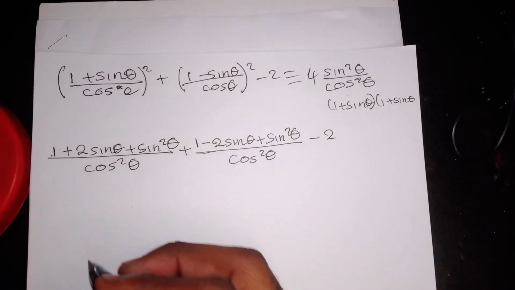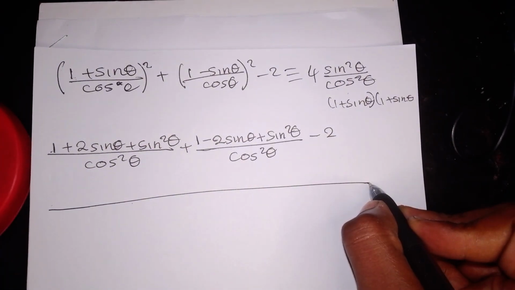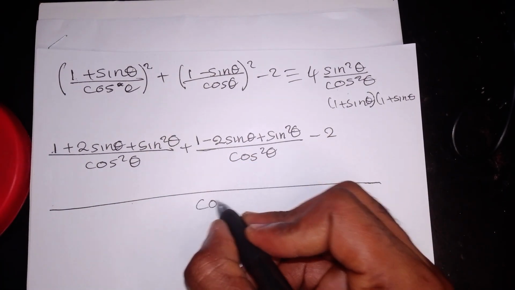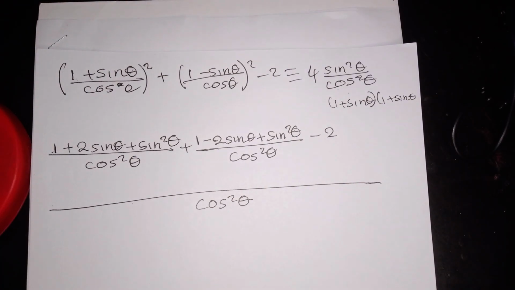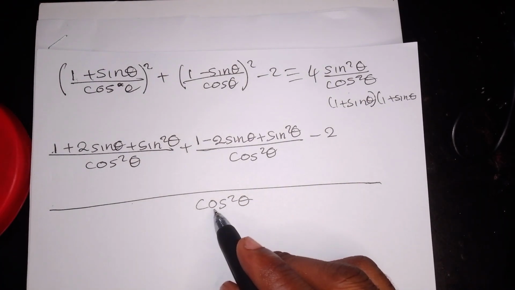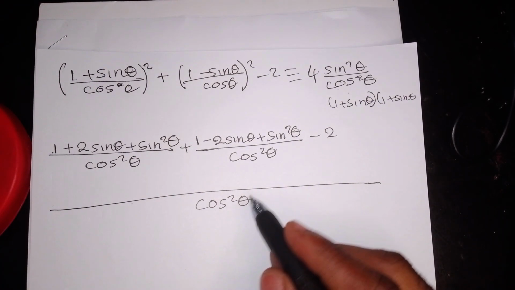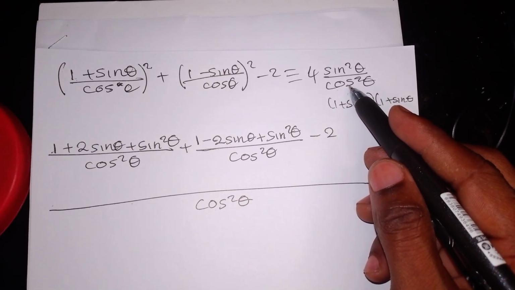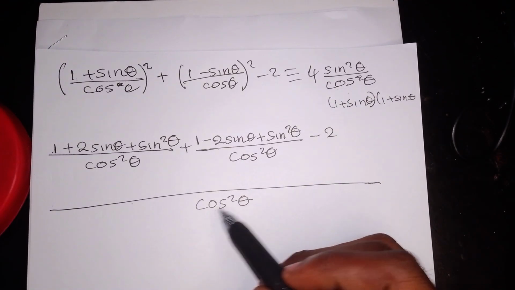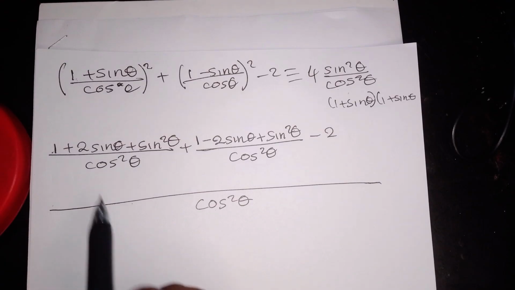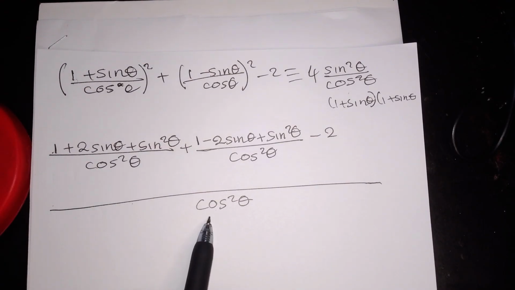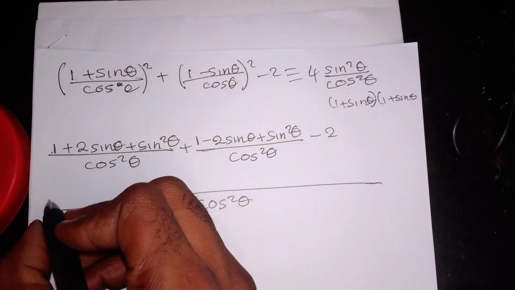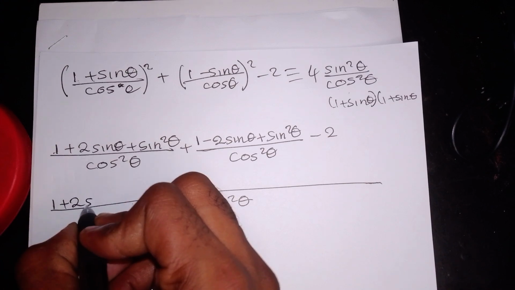So we have to express this as a single fraction by finding the lowest common denominator. And because the denominator here is cos squared theta as required there, you don't need to change it, just leave it as it is. So this into this, you have a 1, you multiply by that, you have the same thing.